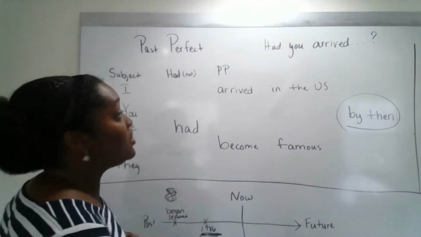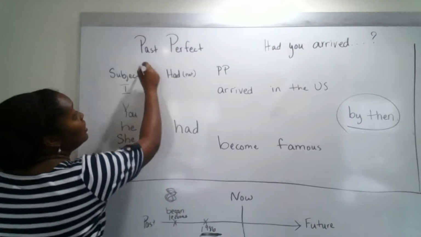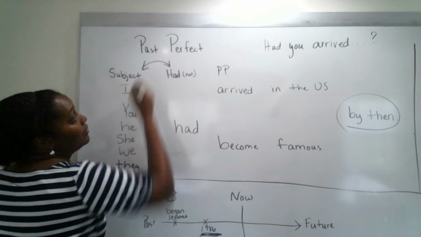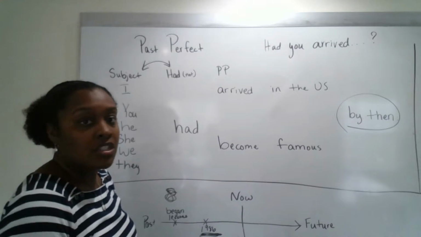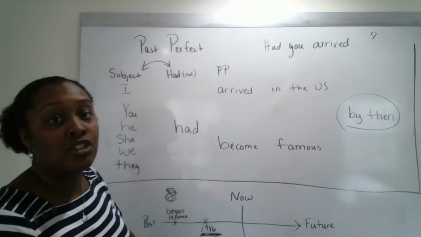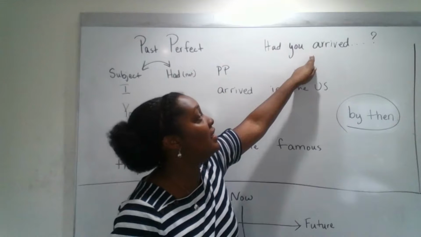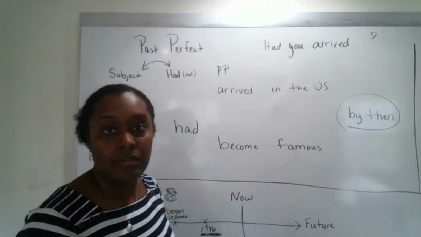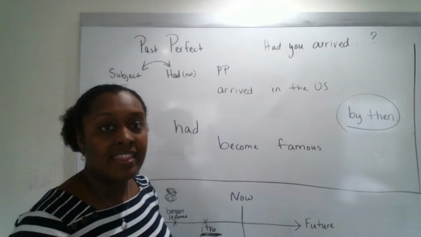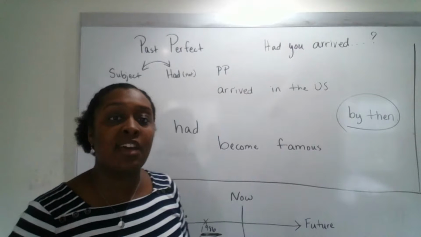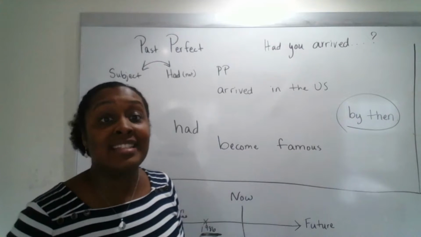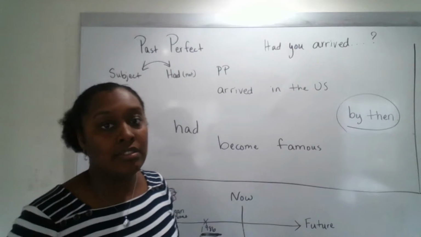Now, when you ask a question in the past perfect, you just invert these two. So instead of saying subject had, you put had first. Had you arrived in the U.S. by then? That's a yes-no question, for questions that are responded to with yes or no. Yes, I had. No, I hadn't.